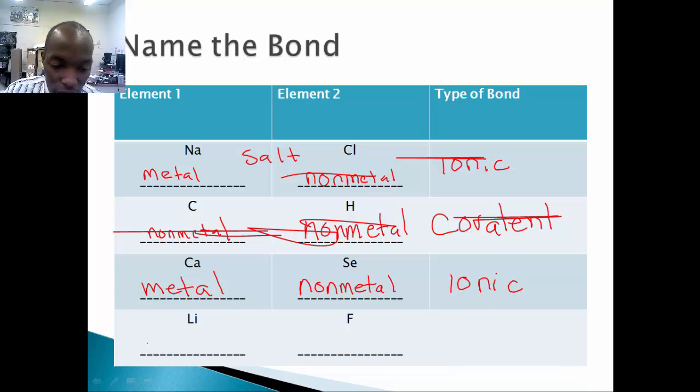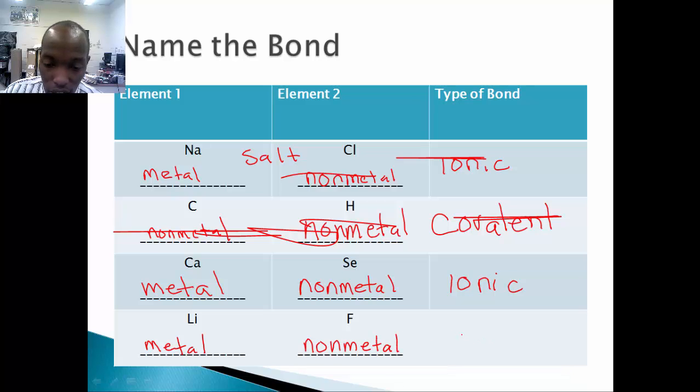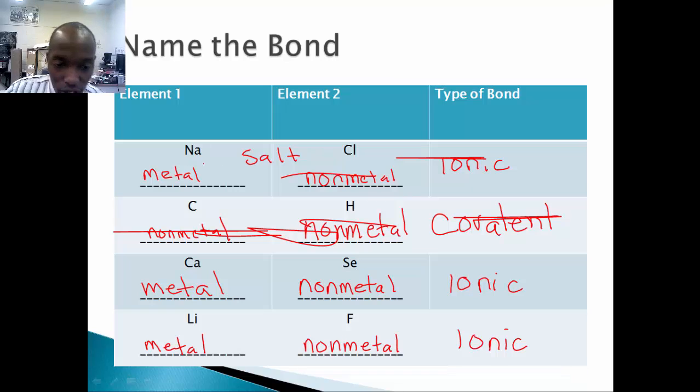Lastly, lithium is a metal and fluorine is a nonmetal, and it makes an ionic bond. So remember, metal and nonmetal is ionic, nonmetal and nonmetal is covalent.